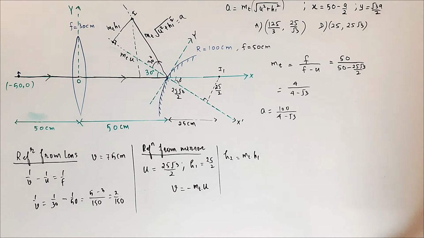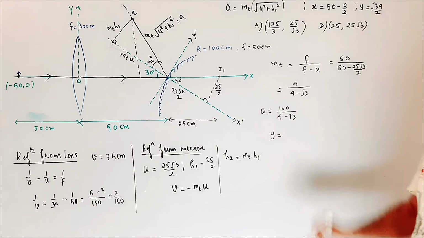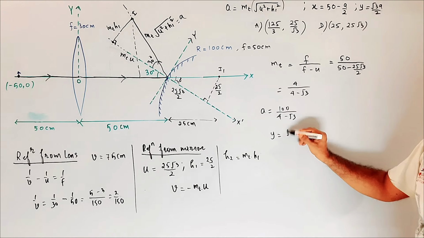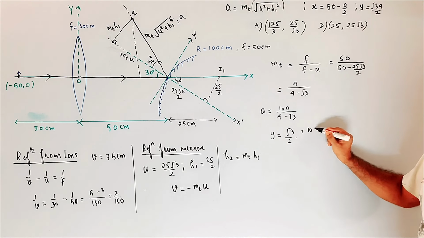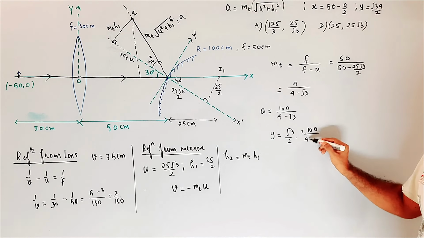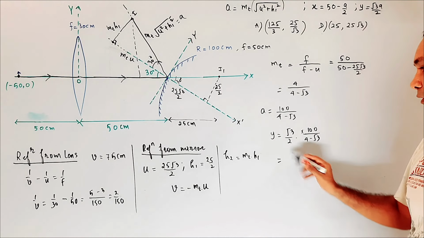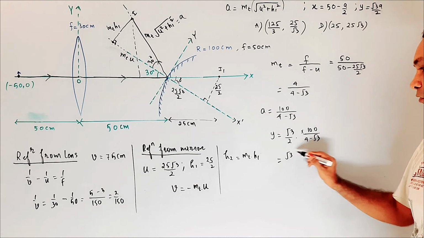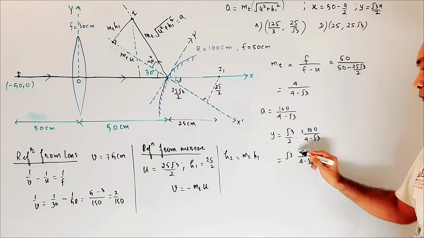I am checking the simpler one. Suppose I am checking the y. So y should be root 3 by 2 into A, which is 100 divided by 4 minus root 3. So that would be root 3 into 50 by 4 minus root 3.